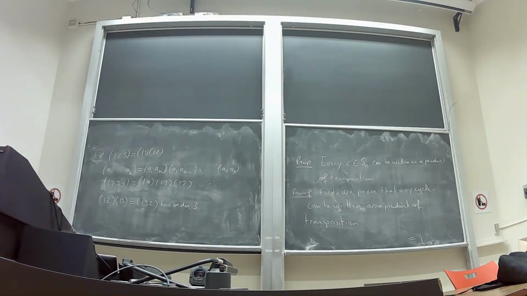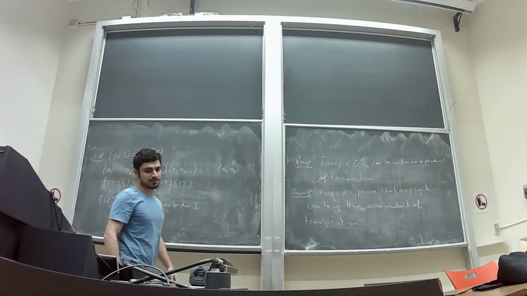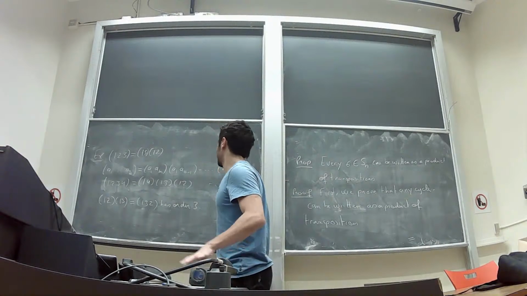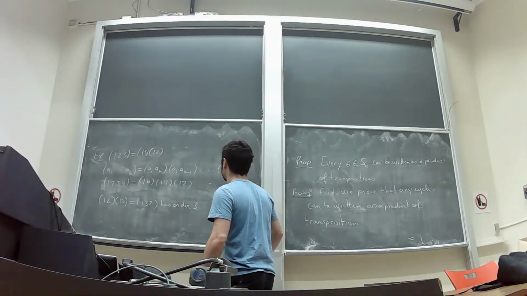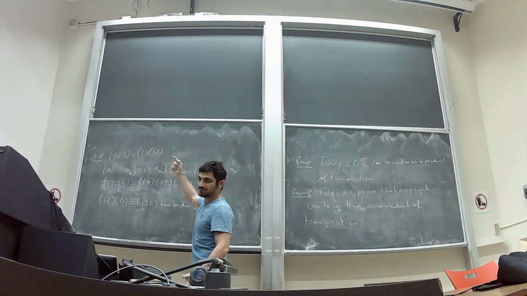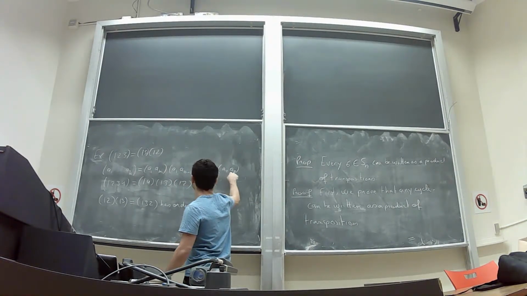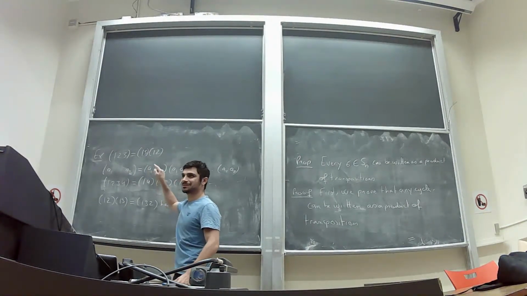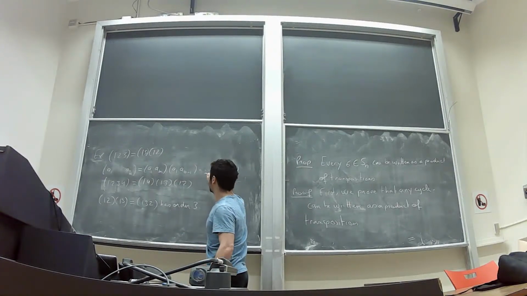How do you get the iteration from a1 to ak? Okay, the idea is that you want transpositions, so you don't want a2 to appear more than once. Once it appears here, you don't want it to appear again. Your a1 goes to a2 and a2 stays fixed.